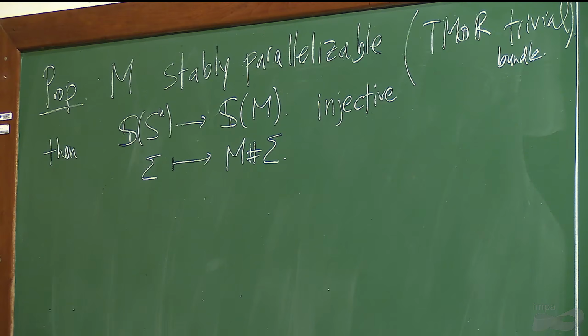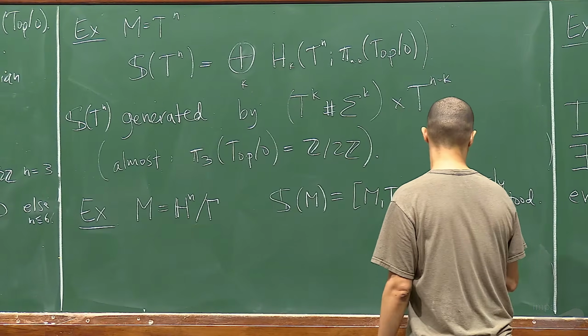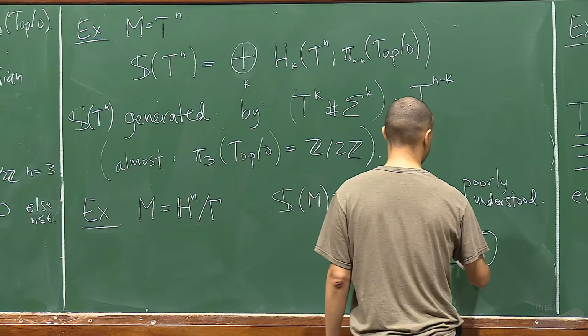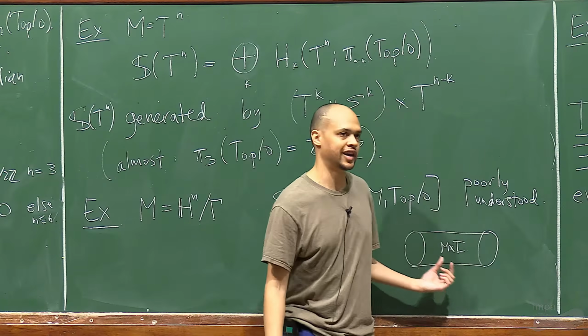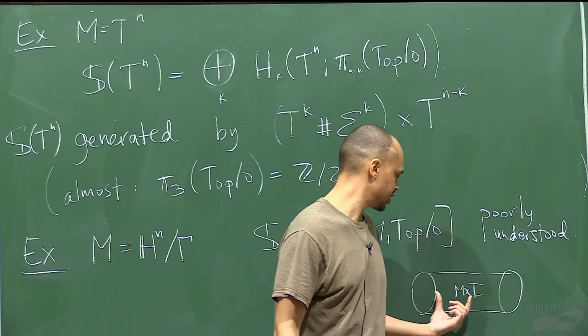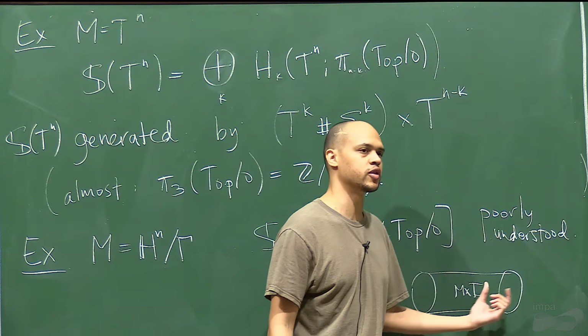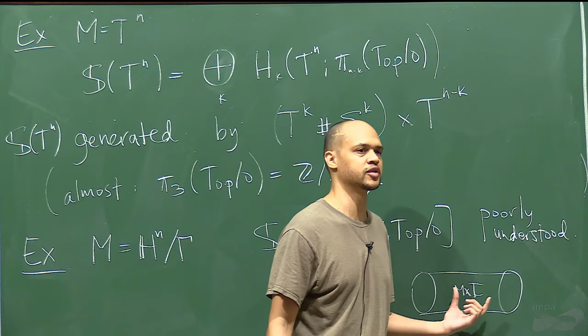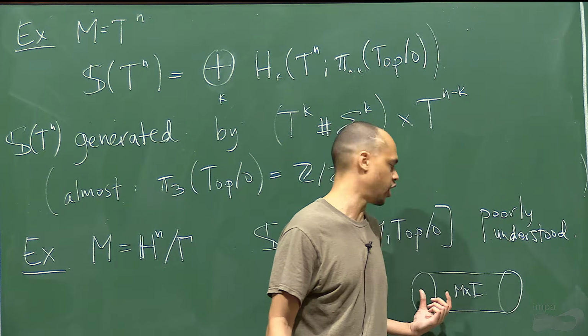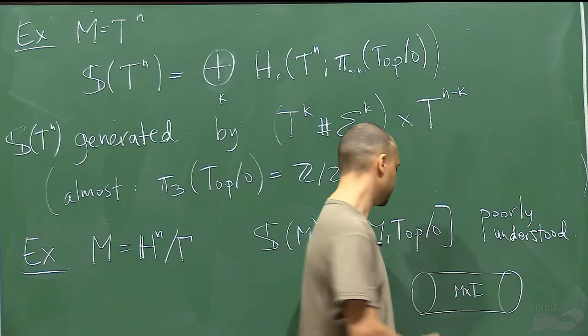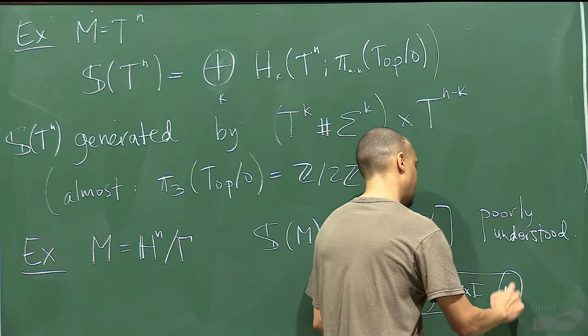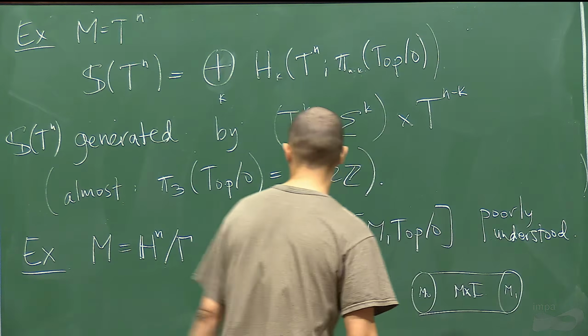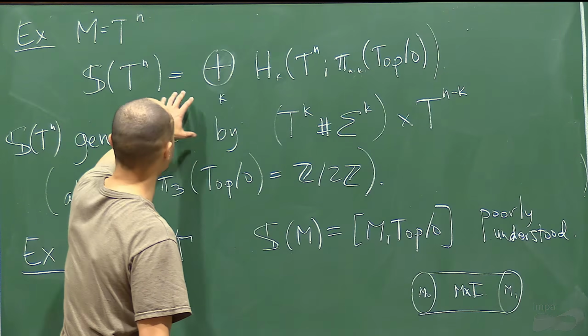A concordance is in particular an h-cobordism, which tells you that any concordance is diffeomorphic to a product, so the ends are diffeomorphic. But the converse isn't true. You can see that in this example.